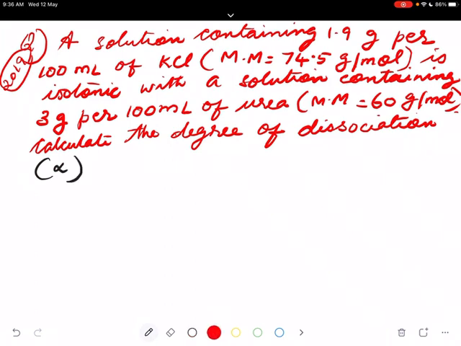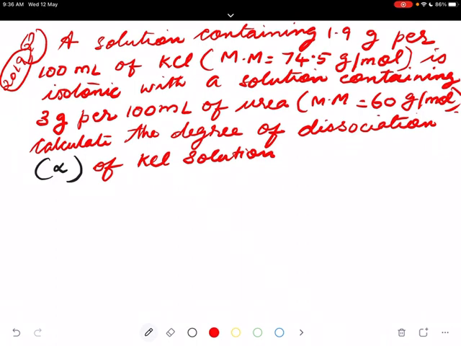Calculate the degree of dissociation of KCl solution. They have said degree of dissociation of KCl solution, which means it is sure that the problem is with KCl because it dissociates.